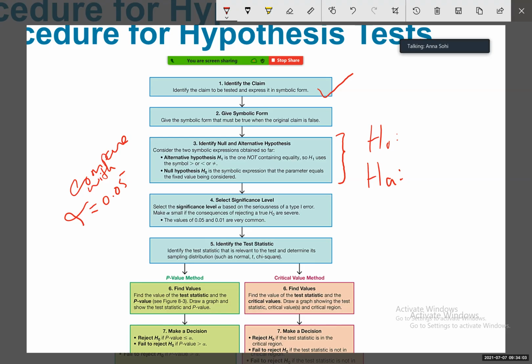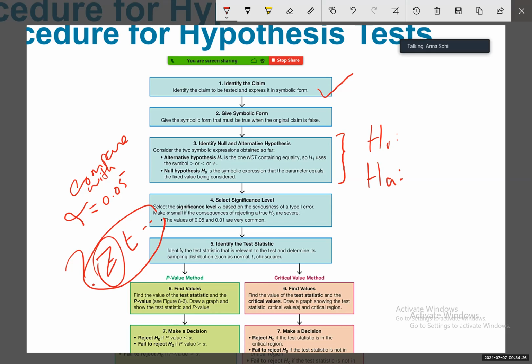Identify the test statistic. So you find the test statistic depending on whether it's Z or T. For the majority of cases, this is just part of the question they ask you. But the larger the Z, the more significant, so the smaller the p-value.